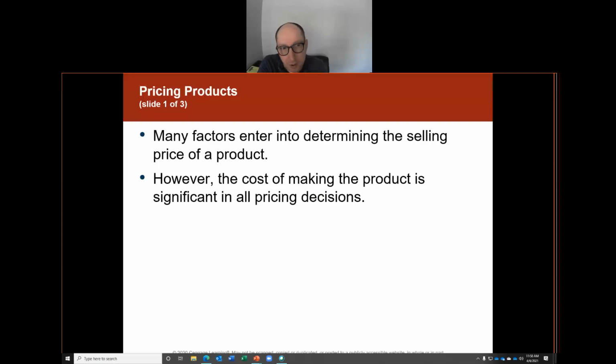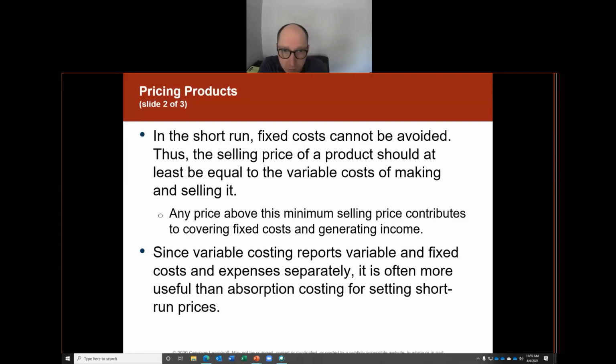As we price products, these reports help us to identify our total costs, and we need to make sure that we price products above the total cost in order to generate a profit. So the variable cost model helps us to separate variable from fixed costs, and it helps us to identify the price point that we need to provide in order to cover all of those costs.